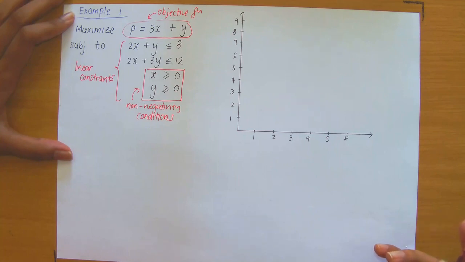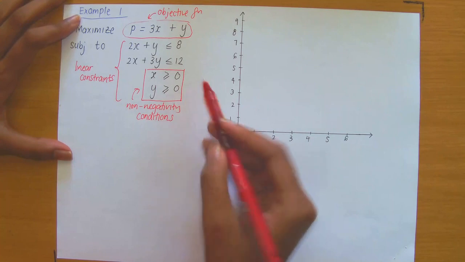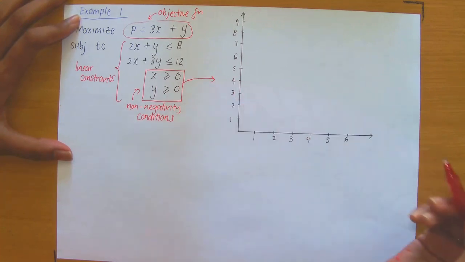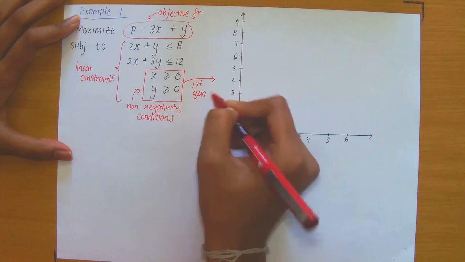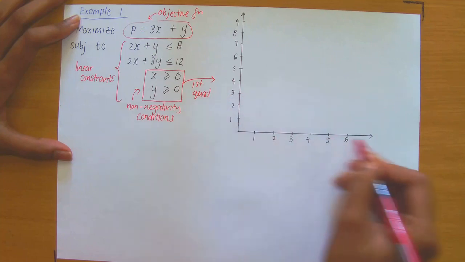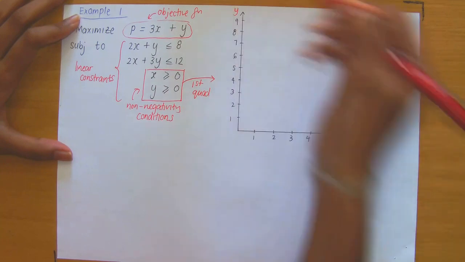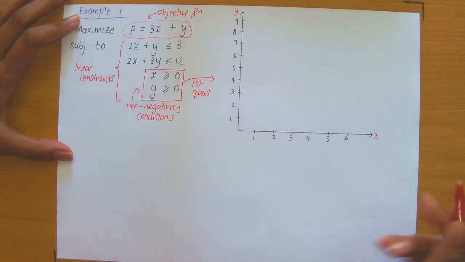So x and y are not allowed to take on negative values. And when you sketch this in the Cartesian plane, all it amounts to saying is that you are only working in the first quadrant, because x is only allowed to take on positive values and y is only allowed to take on positive values as well. So I've got our positive x-axis and our positive y-axis.